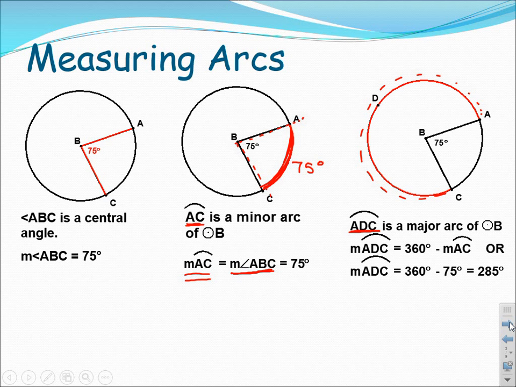So if I know that the central angle is 75, that means that this minor arc in green here is also 75 degrees. So then this arc ADC is just going to be the 360 degrees minus the 75 that I already know. So this degree is 285. Okay, so hopefully that makes sense.